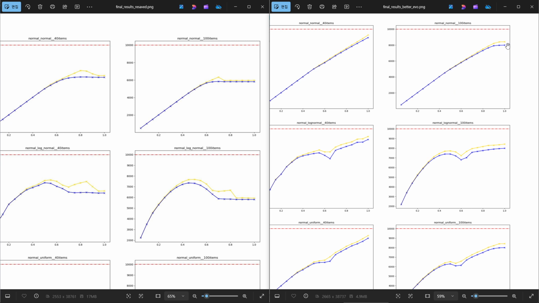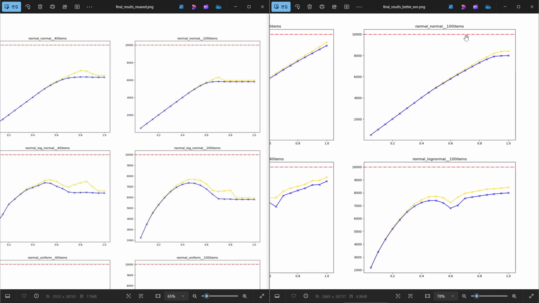But we still do see this slight slacking off right at the end with 100 genes or 100 items, and I've also mentioned that this can be fixed by having a bigger population and inserting more newborns into the population within that generation. But it does require more computing resources.